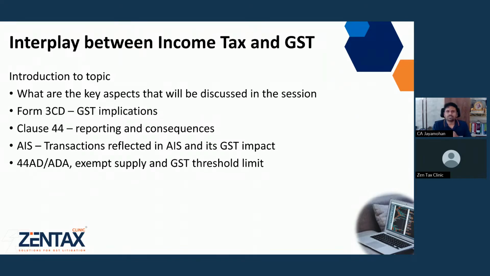So what do we have here? We have a set of aspects that I have pulled in from the reporting requirements in the tax audit report, that is Form 3CD, and also the income tax return. We very well know that from ITR 1 to ITR 7, there are many returns in income tax that we file as a taxpayer.